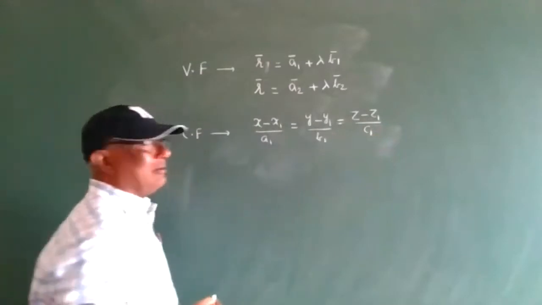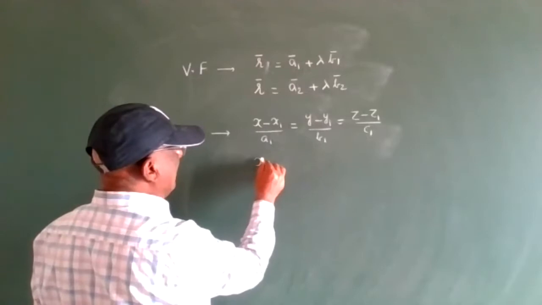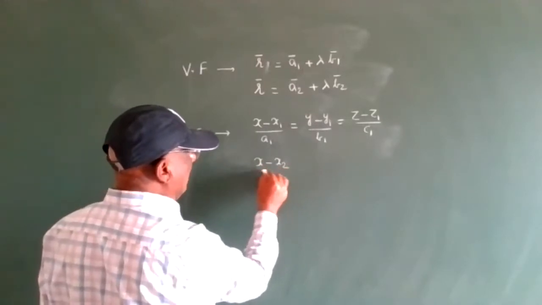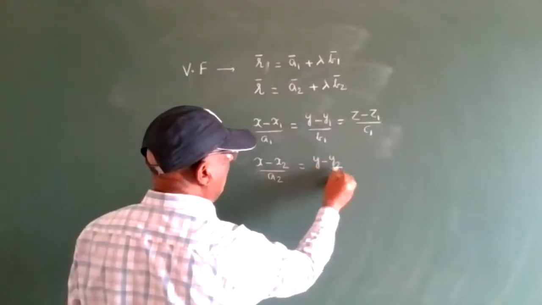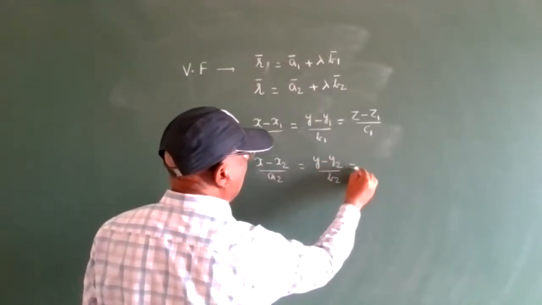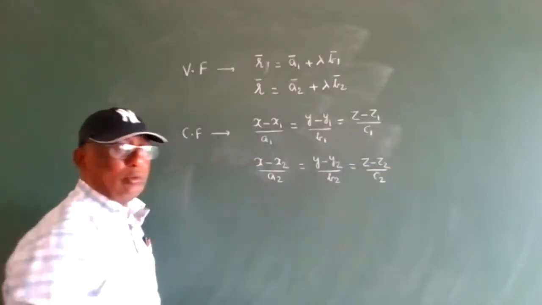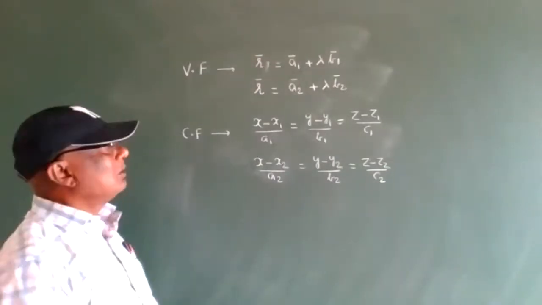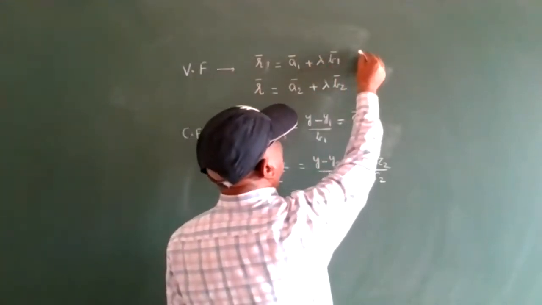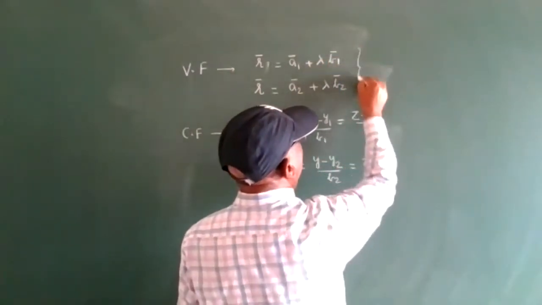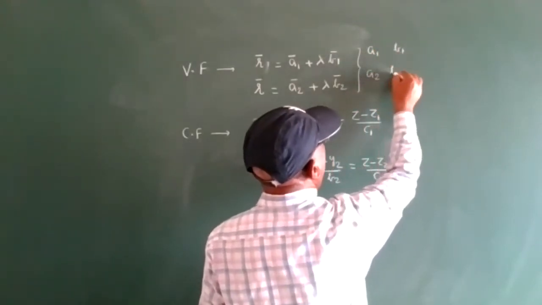Next, the second equation is (x minus x2) by a2 equals (y minus y2) by b2 equals (z minus z2) by c2. Is it clear? For these equations we directly know a1, b1 and a2, b2.